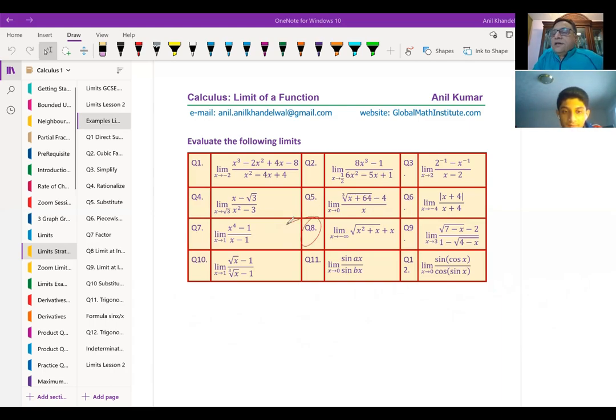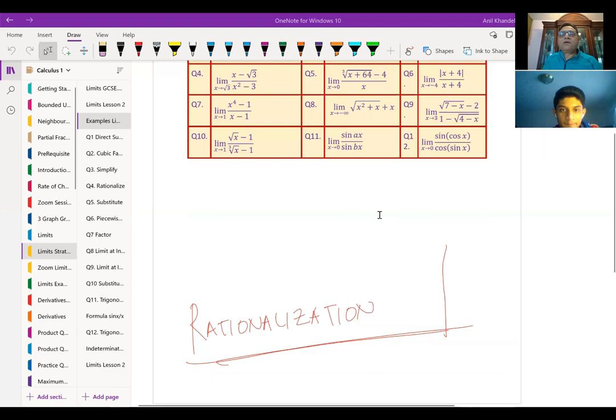Question number 8. It is a very important question from the test point of view. We have to find the limit as x approaches minus infinity of the square root of x squared plus x, plus x.